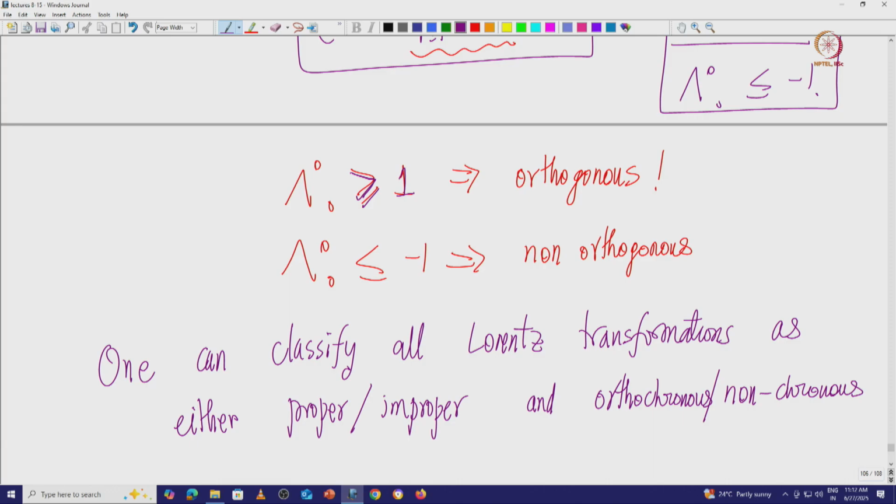So that is called orthochronous essentially. It cannot start with negative terms, because we want to start with delta mu nu as a deformation of this.